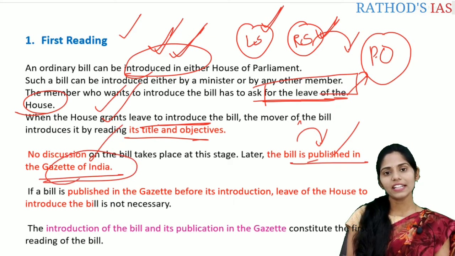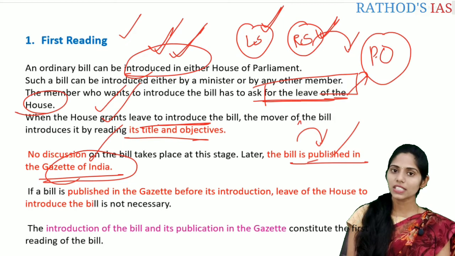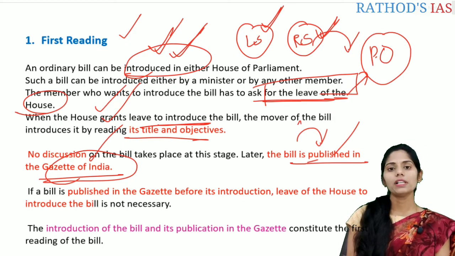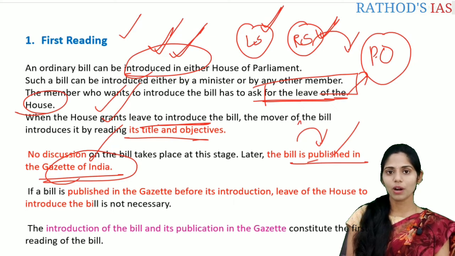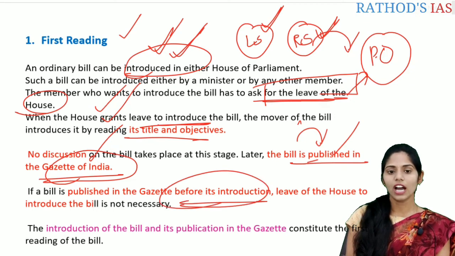And what is the advantage of this bill being published in the Gazette of India? All the people and even the members of the Parliament will come to know the important provisions of this bill. So if a bill is published in the Gazette before its introduction, the leave of the house to introduce the bill is not necessary.